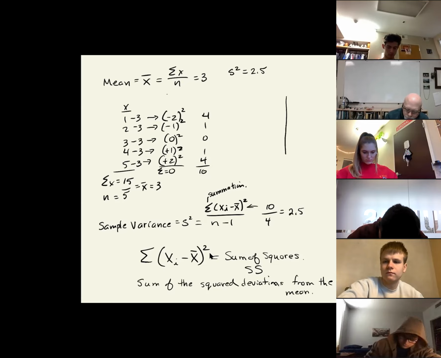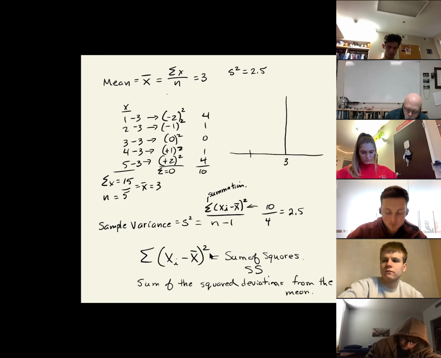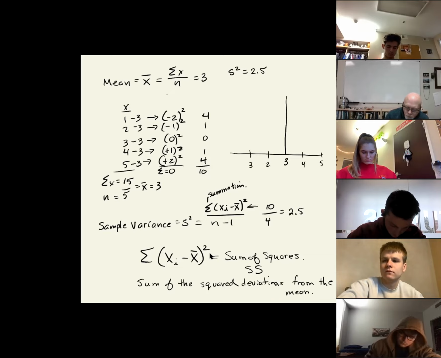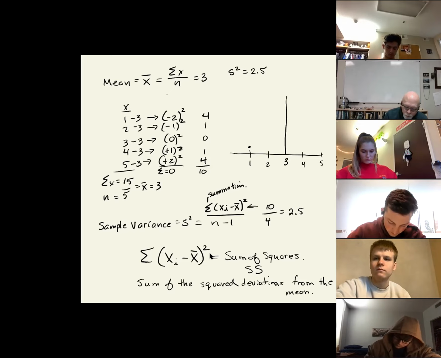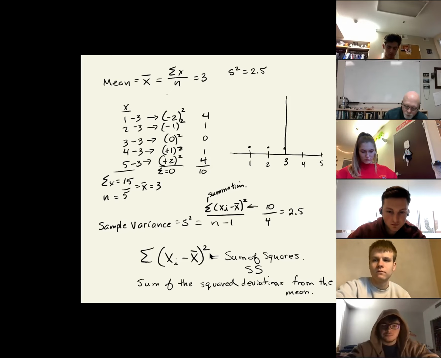So if the mean is 3, we have one value that is at 1, one value that is at 2, one value that is at 3, one value at 4, one value at 5.